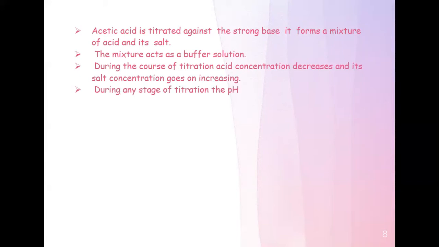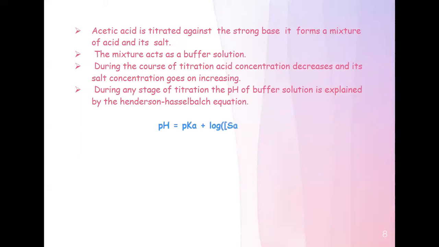During any stage of titration, the pH of buffer solution is explained by Henderson-Hasselbalch equation. That is, pH is equal to pKa plus log of salt upon acid, where pKa is negative log of Ka and Ka is the dissociation constant of acid.